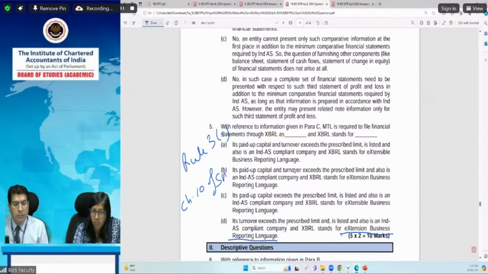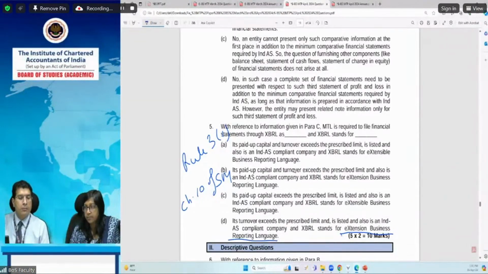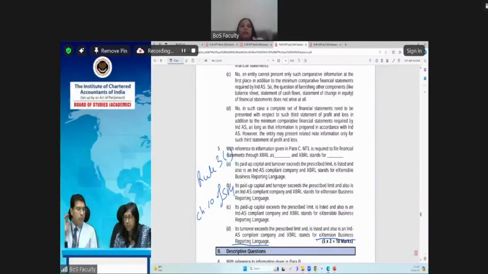So there they have provided the companies which have to comply with the XBRL in e-form AOC 4 as per Annexure 1. In one of these, they have provided companies listed with a stock exchange and their Indian subsidiaries. Then companies having paid up capital of 5 crore or above, companies having turnover of 100 crore or above, or all of the companies which are required to prepare their financial statements in accordance with Ind AS.